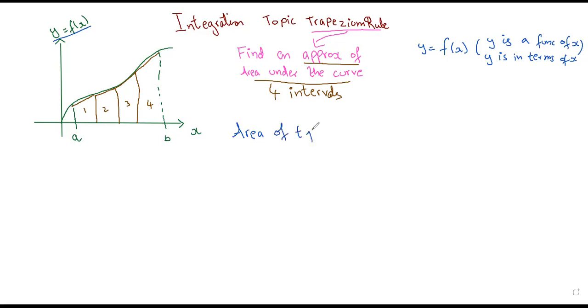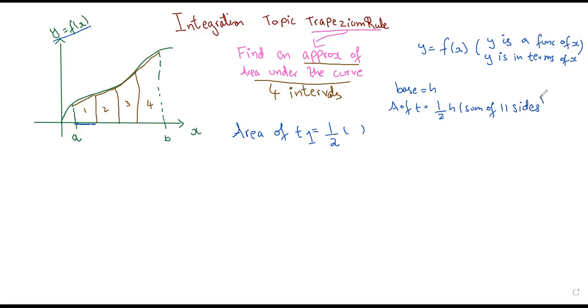trapezium 1 is 1 by 2 base. This is the base. This base is h, and in general the area of a trapezium is 1 by 2 h times the sum of parallel sides.